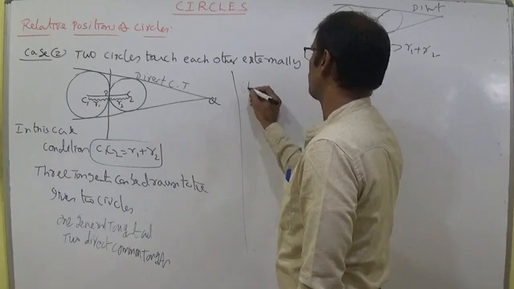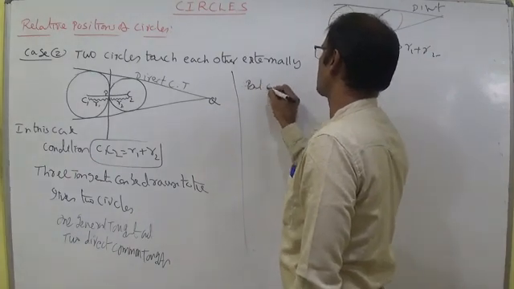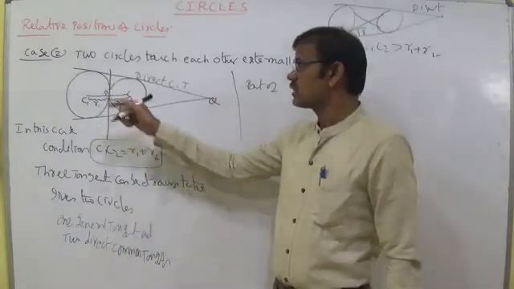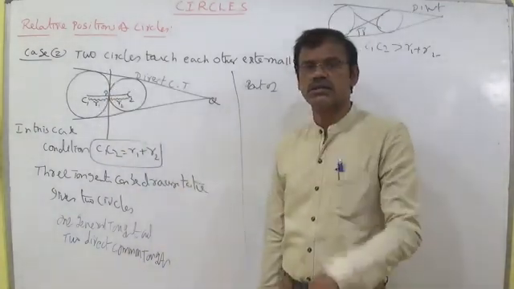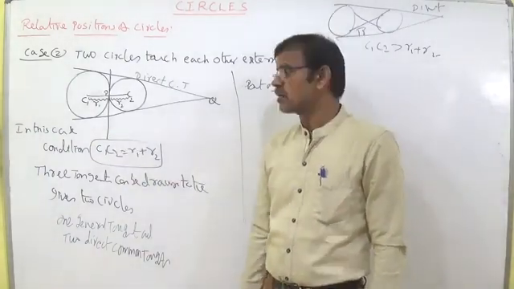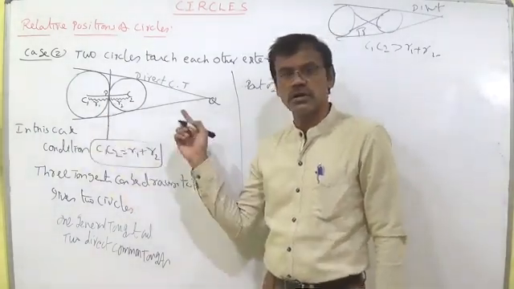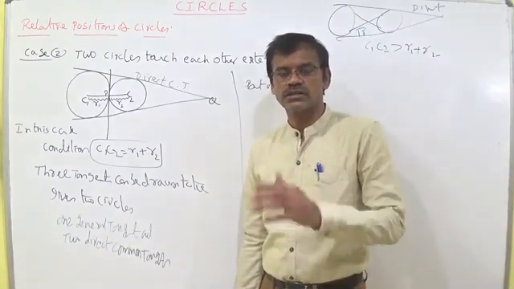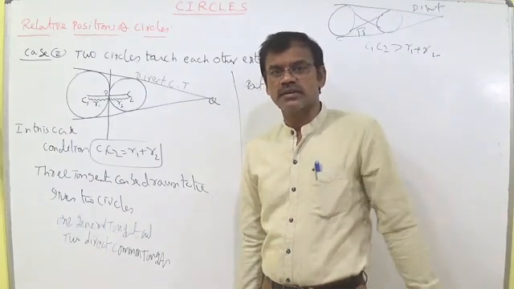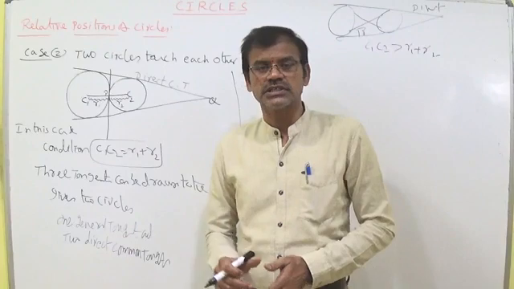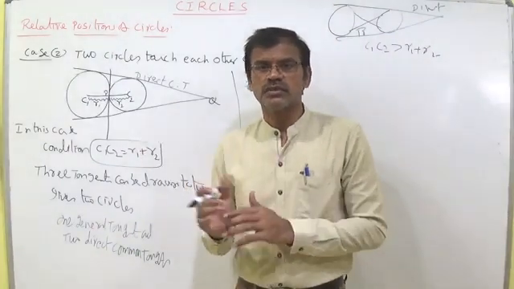So therefore, point of contact: whenever only one line is there, wherever the line touches the circle or circles, it is called the point of contact. So here P is the point of contact of circle 1 and circle 2 also. It is not a point of intersection of tangents, not a point of intersection of a transverse common tangent. If the point of intersection of transverse common tangents should exist, the circles should lie outside of the other.